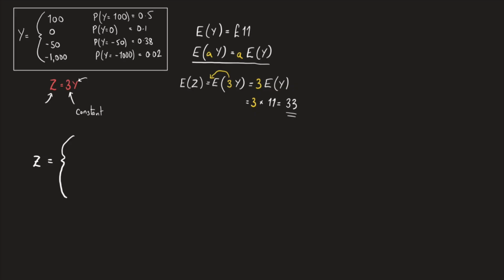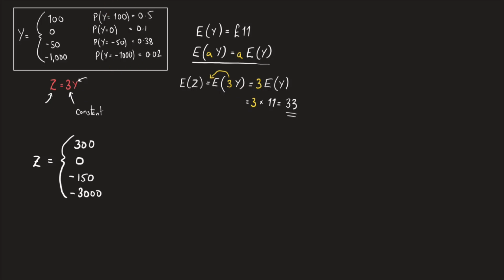So when y is equal to 100, z would be equal to 300. When y is equal to 0, z would be equal to 0. When y is equal to minus 50, z is going to be equal to 3 times minus 50, or minus 150. And when y is equal to minus 1000, z is going to be equal to minus 3000. Now, the probabilities of each of these outcomes are just going to be the same as the corresponding probabilities relating to y.